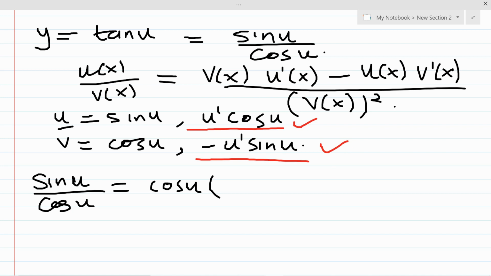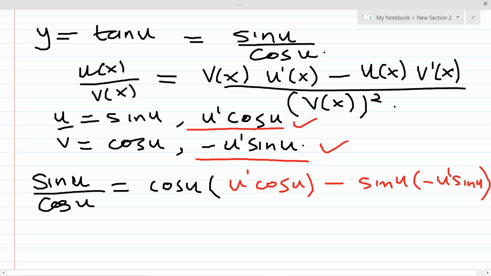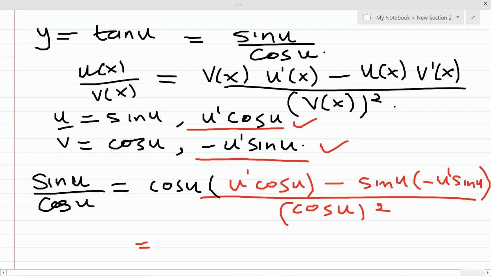So now if I put in u prime of x, it is u prime cos u. Then minus u of x, which is sine of u, into v prime of x, which is minus u prime sine u, all over v of x, which is cos u, so cos u all squared. Now this will give me cos u times u prime cos u.